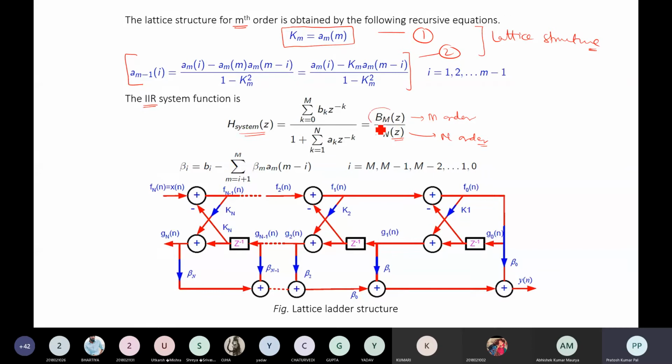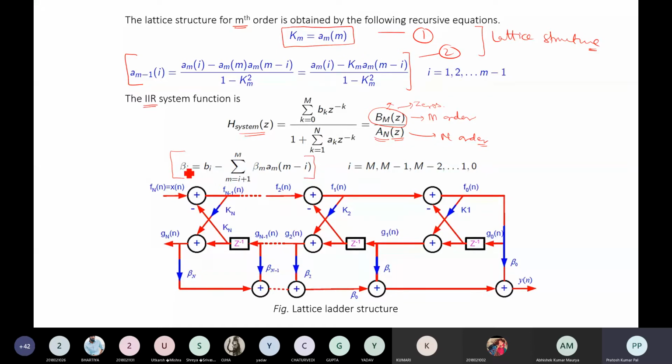But if there is a numerator, or we can say there are zeros in case of IIR system, then similar to this denominator polynomial, we need to find out different coefficients to realize the numerator polynomial, that is Bm of z. So their coefficients in case of realization of this polynomial are given by this formula. Okay, so this is the formula to find out the coefficients called beta.